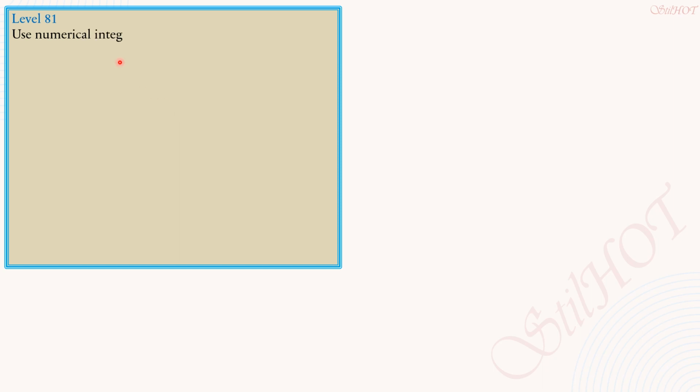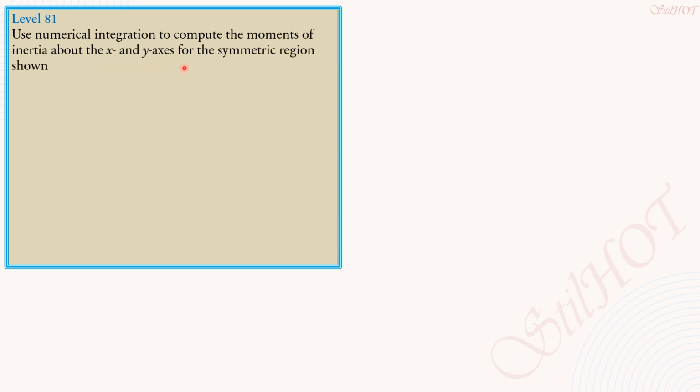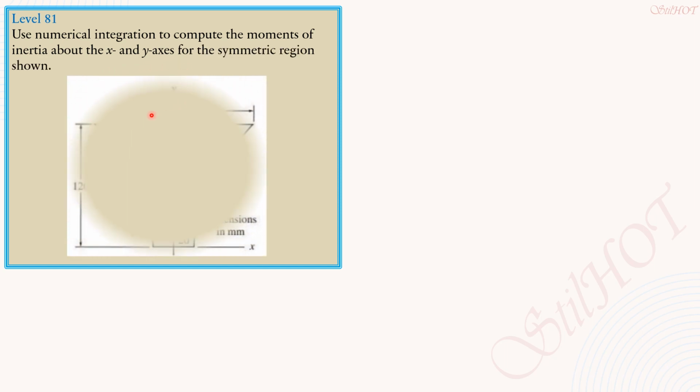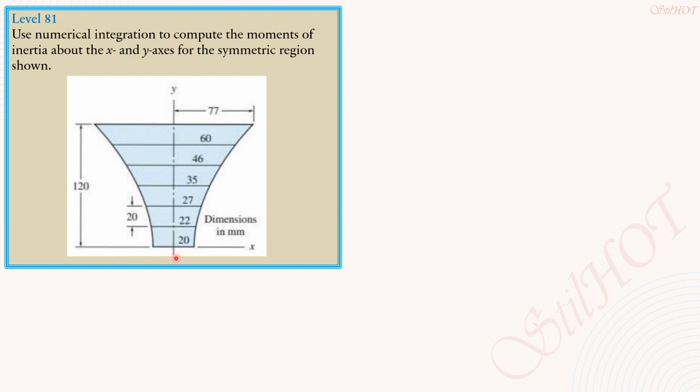Level 81. Use numerical integration to compute the moments of inertia about the x and y axis for the symmetric region shown. So for our solution, we have to consider a strip as shown. Call that x, thickness, distance from x-axis y, and the thickness is dy as shown.